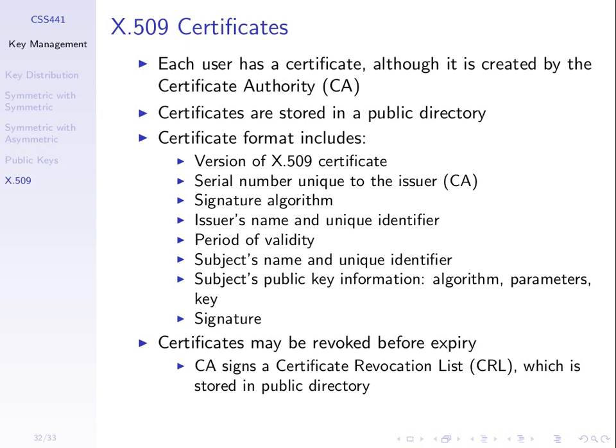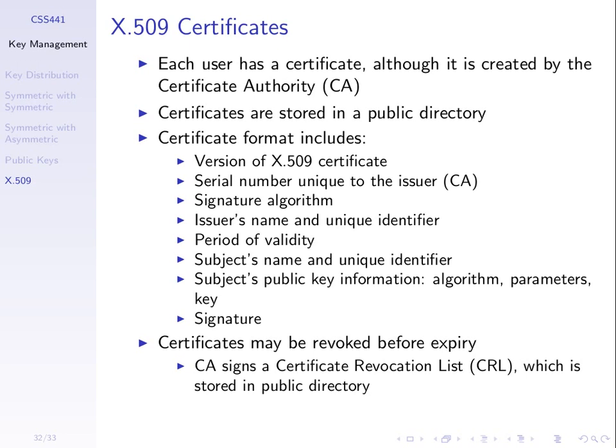The standard has gone through different versions, so inside the certificate, we indicate what version we're using. There's a serial number issued by the issuer. Okay, the issuer is who signs it, the authority in this case. So they have a serial number. What algorithm will we use for signing? Signing involves a hash algorithm and a public key encryption algorithm. Which ones are used need to be specified.